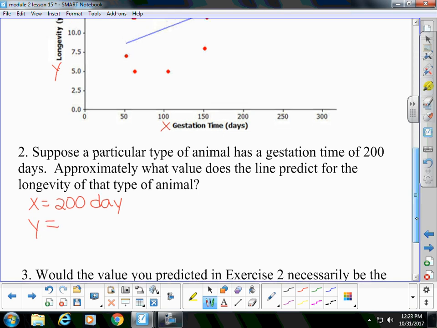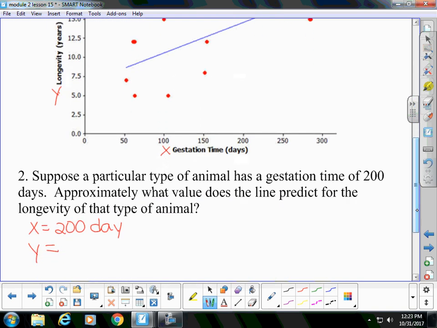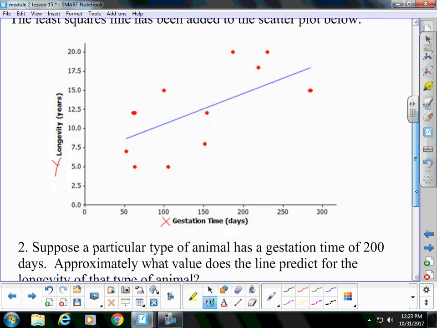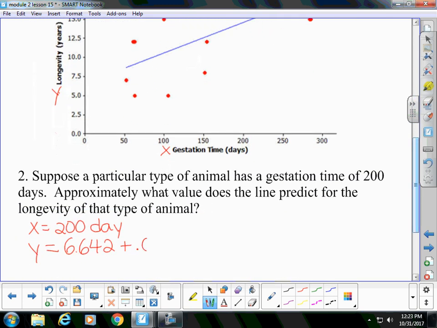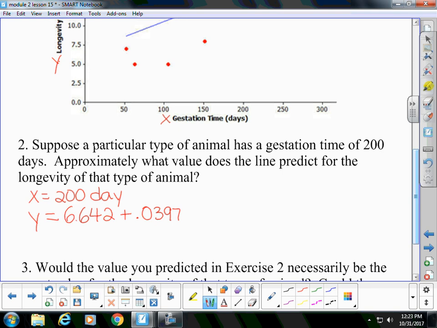And so the equation was y equals 6.642 plus 0.03974 times X, and I'm plugging in 200 for X. And then I'm going to calculate that and see what that comes out to be, and that'll give me their lifespan.